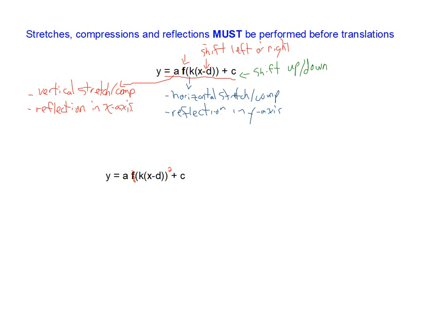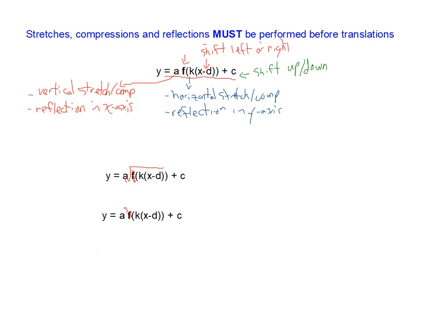It's the squaring. But I can also say, well, instead of the squared function, I want this to be the square root function. Or I want it to be a sine function. So we could actually replace this f with any function, and all of these rules still apply.